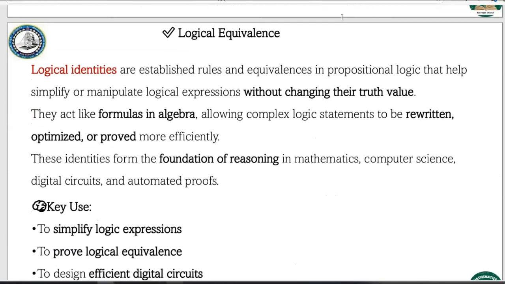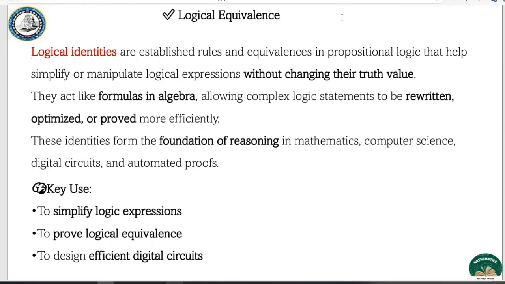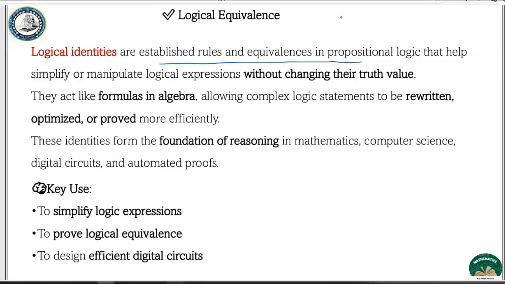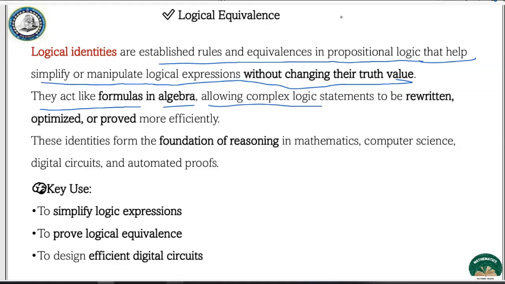Now, what are logical identities? Logical identities are established rules and equivalences in propositional logic that help simplify and manipulate logical expressions without changing their truth values. They act like formulas in algebra, allowing complex logical statements to be rewritten, optimized, or proved more efficiently.